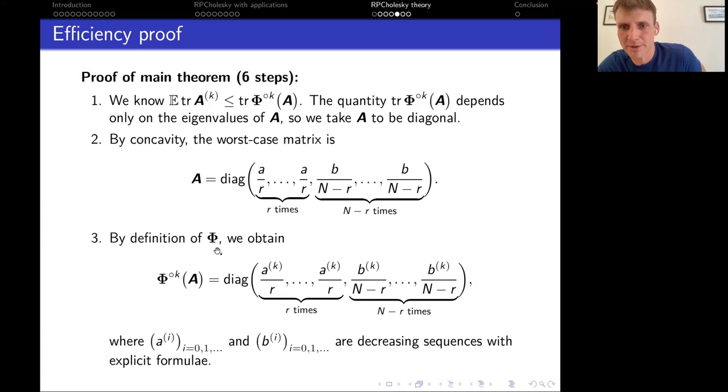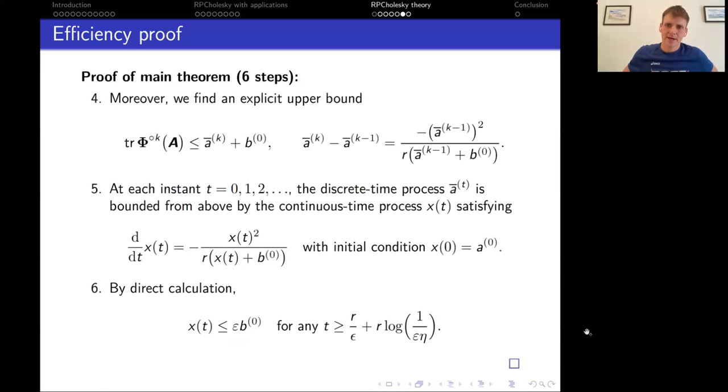We have explicit formulae for how these diagonal entries are going to evolve under step 1, step 2, step 3 of applying phi to this diagonal matrix. The A_i's and B_i's are decreasing sequences. I'm not showing you exactly the details. They come from the definition of phi of A as A minus A squared over trace A.